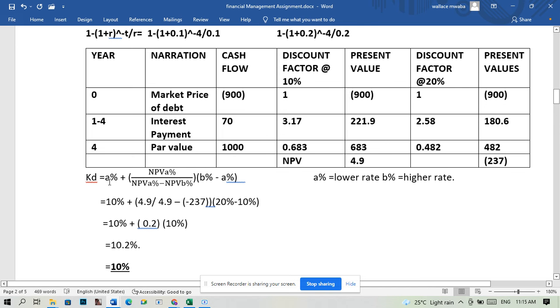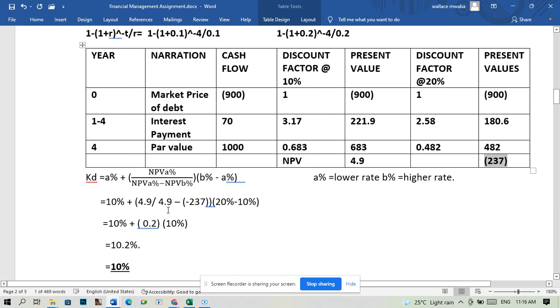So you just substitute. A% is 10%, plus 4.9, which is our NPV A%, and we say 4.9 minus negative 237, which is our NPV B%. Then you open brackets 20 minus 10%, that's 10%.